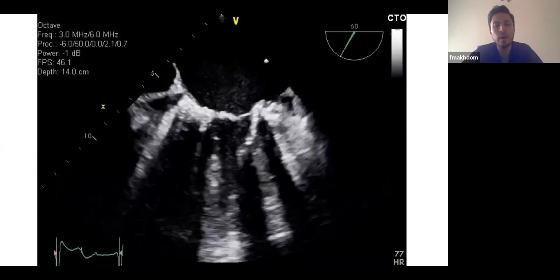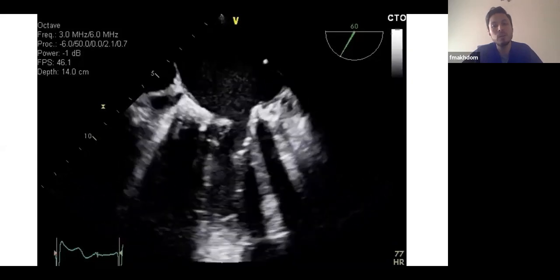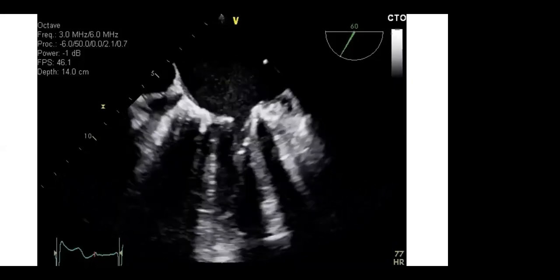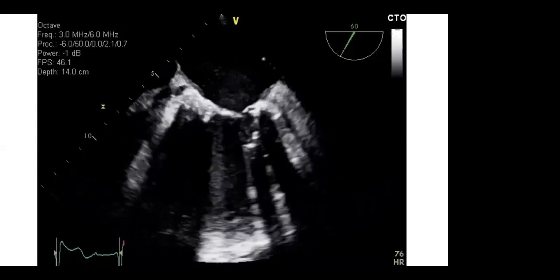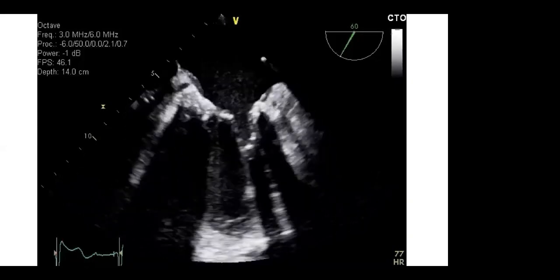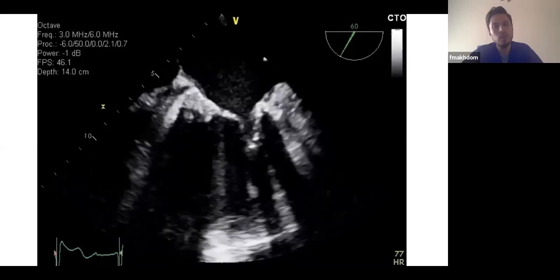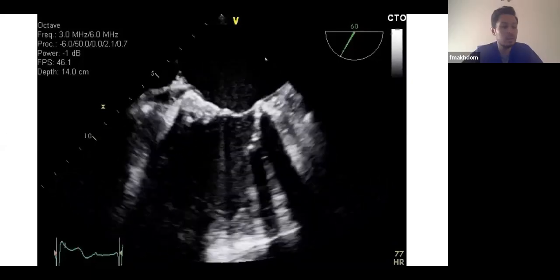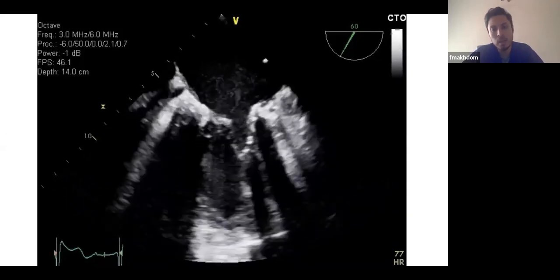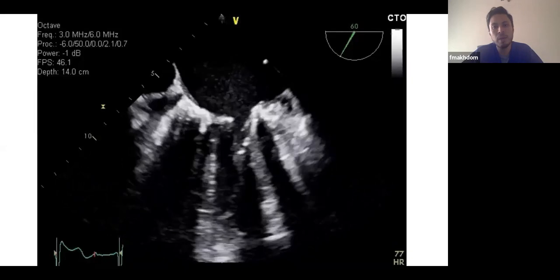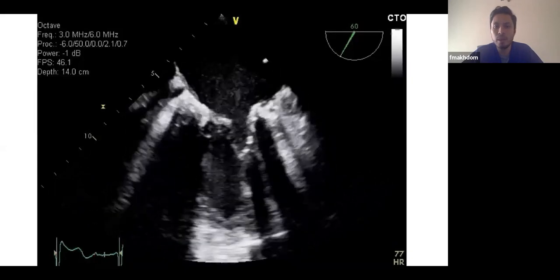How can you tell from the echo? It will be thickened and brighter than the adjacent structures. What else can tell you that this is definitely calcium and not an artifact or a problem with the gain?